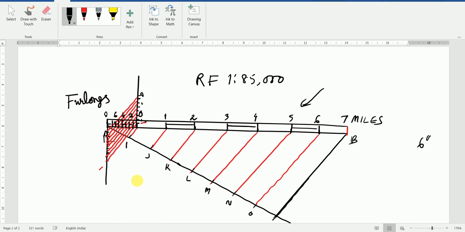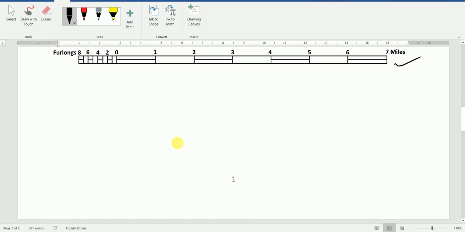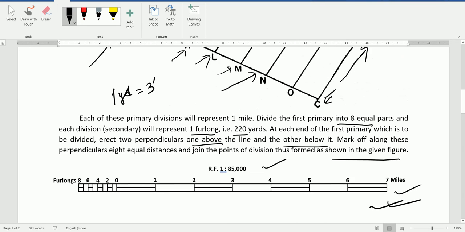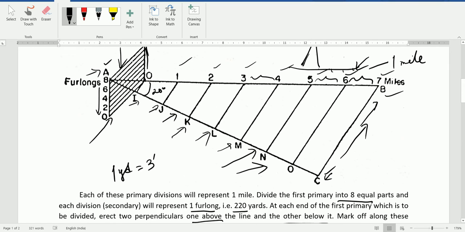As you have seen earlier, this is the ultimate product. So we have to draw like this. And the process is already mentioned, already read out.